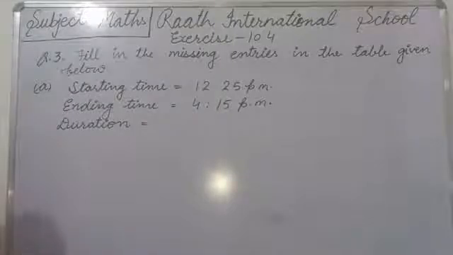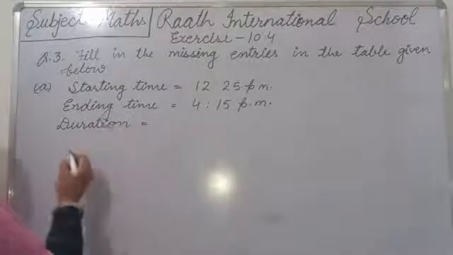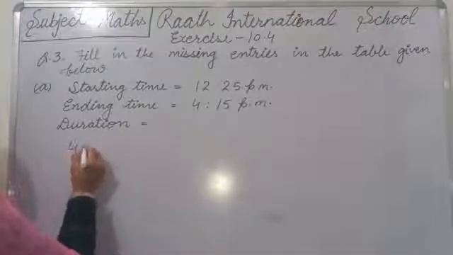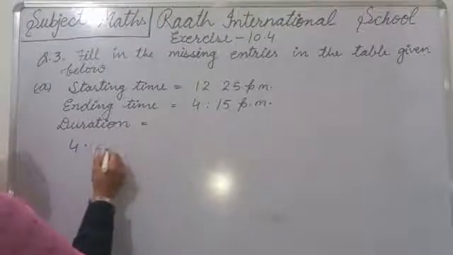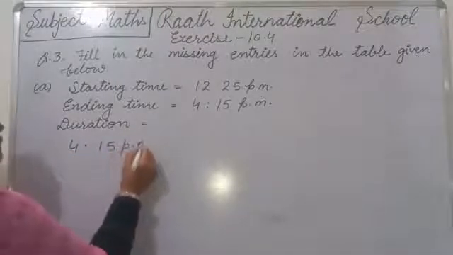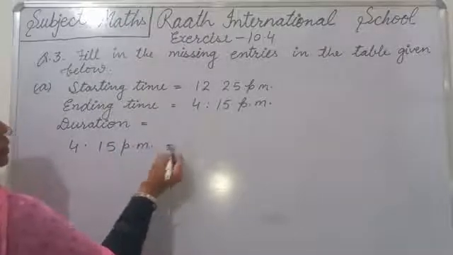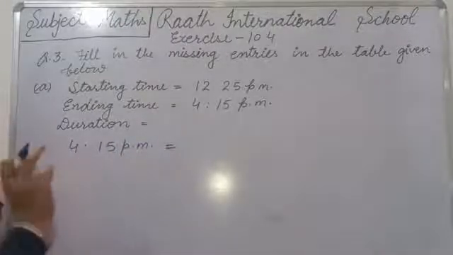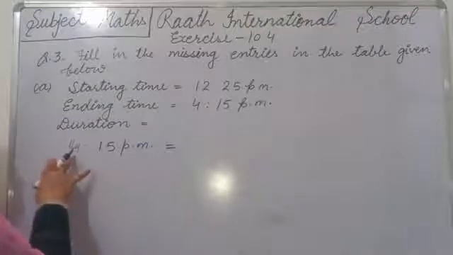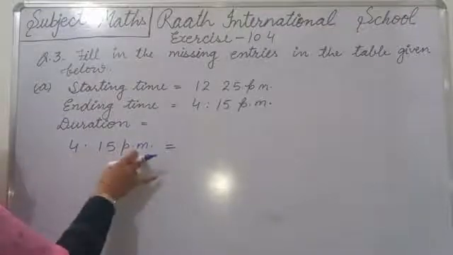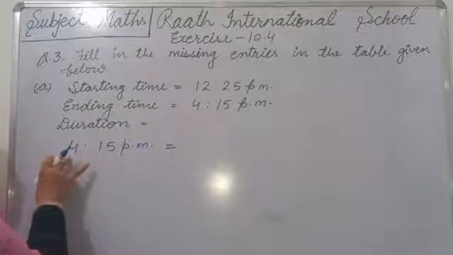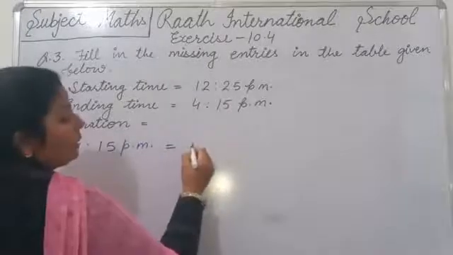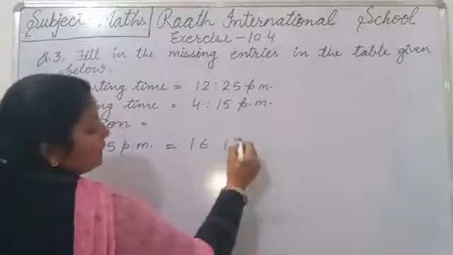So now we find the duration. The ending time is 4:15 p.m. Now we change it into the 24 hour clock. Because this is PM, we add 12 hours here. So 12 plus 4 is 16 hours and 15 minutes.